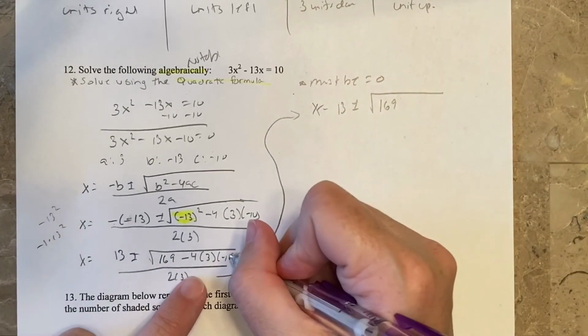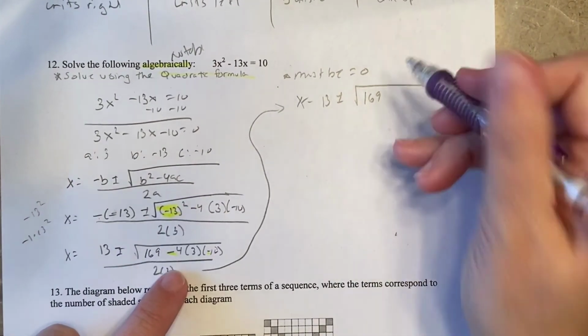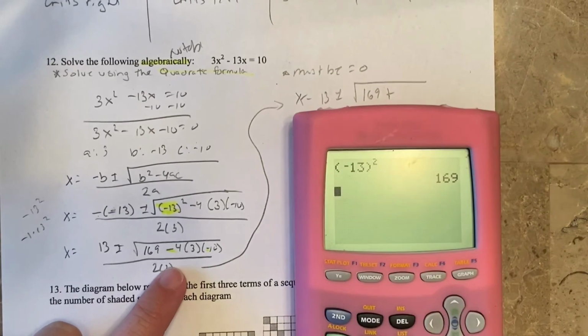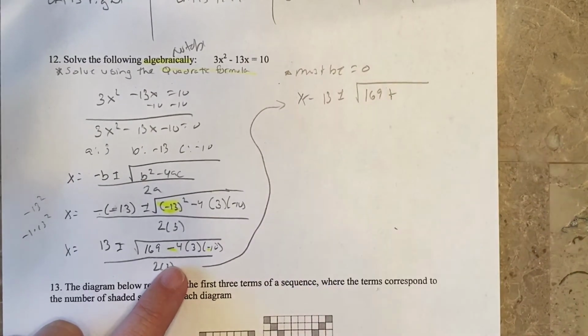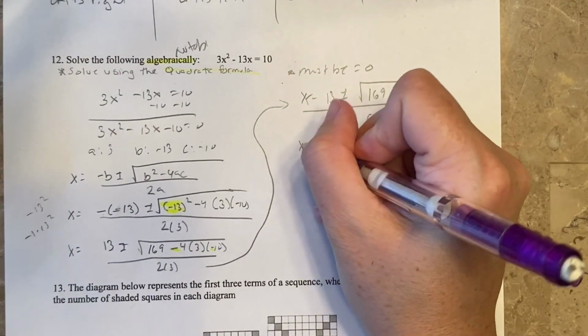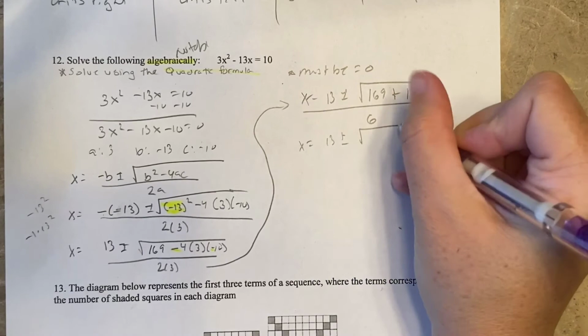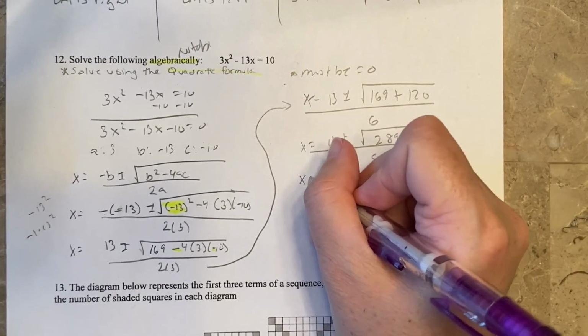Okay, so now careful here also, you do have double negatives, okay? Double negatives should give us a positive. So 4 times 3 times 10 is 120. And then over 6, so 13 plus or minus, that's going to give me 289 over 6. We'll work on that square root.